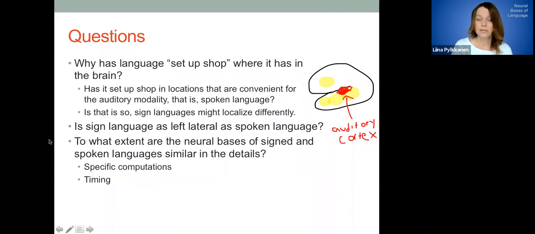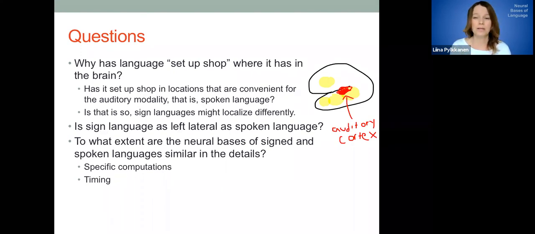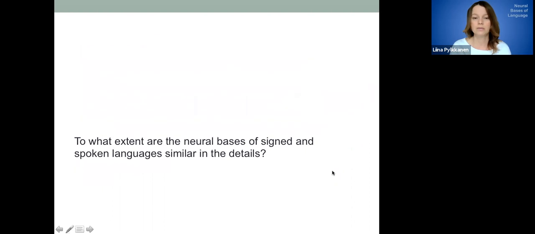Here we see various types of evidence that sign language does seem to be left lateralized, just like spoken language, predominantly. So let's get to a more detailed level.